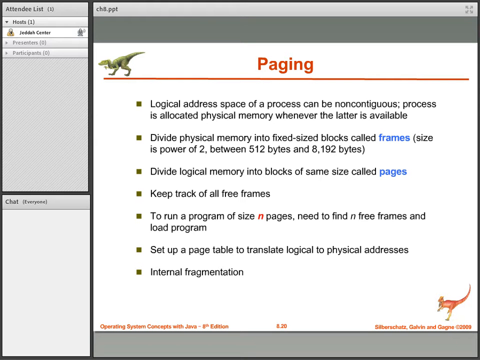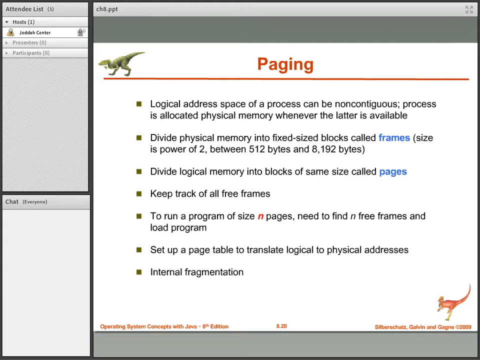At the same time, we also divide the logical memory into blocks of the same size. These are called pages. So we have blocks of the same size. On one side, it is the side of the logical memory, and we call them pages.